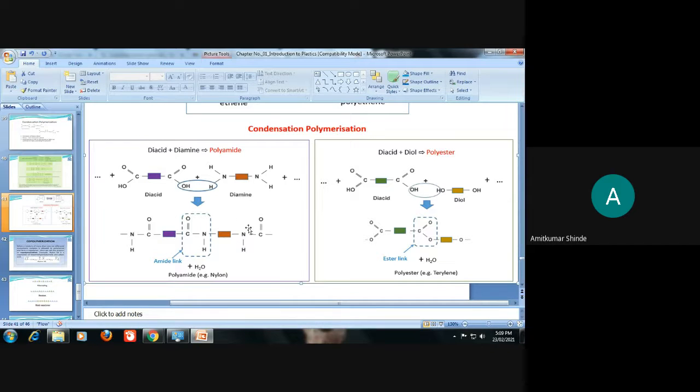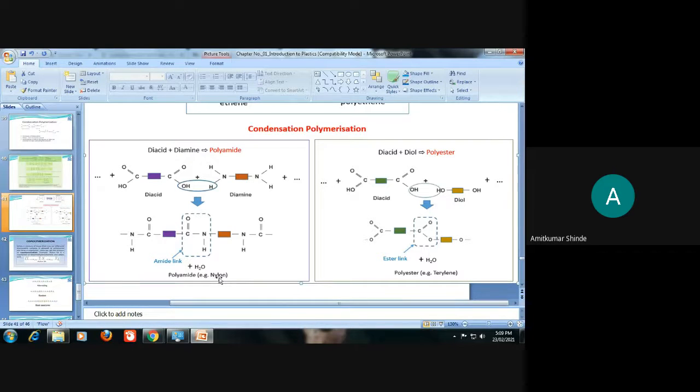This process is termed condensation polymerization. Two different monomers are attached, and one byproduct is formed by elimination of the functional atom present in the monomer. That's why it is termed condensation polymerization.